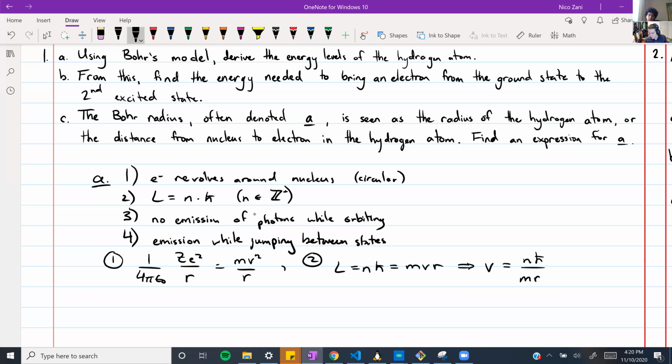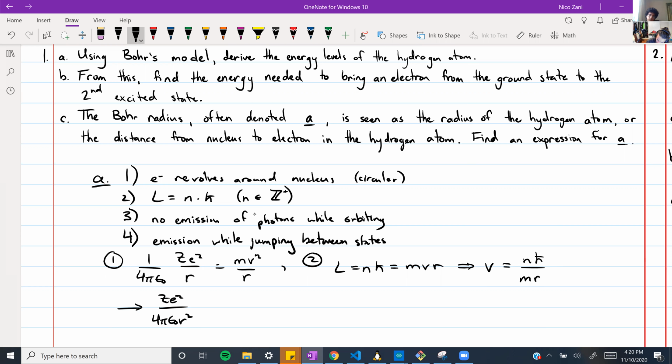Okay, so next up, we can look at the actual potential, or the actual force, for this. So we'll just write this out next. 4 pi epsilon naught r squared.